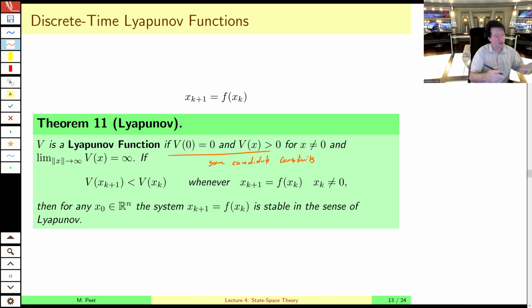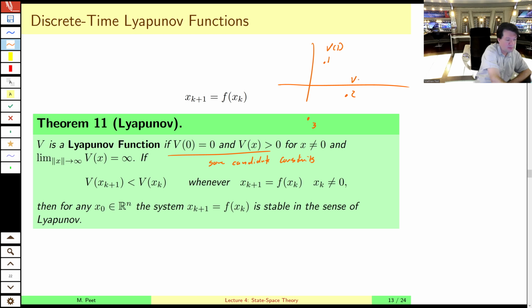However, there's no continuous dynamic, so we can't take the derivative of the Lyapunov function. And so, in fact, discrete time systems are discrete, right? They jump from state to state, from here to here to here. 1, 2, 3. And so our condition becomes not that it's continuously decreasing, but that the Lyapunov function decreases from time step to time step.